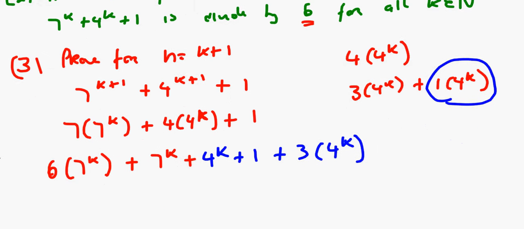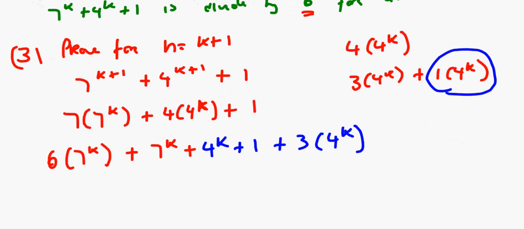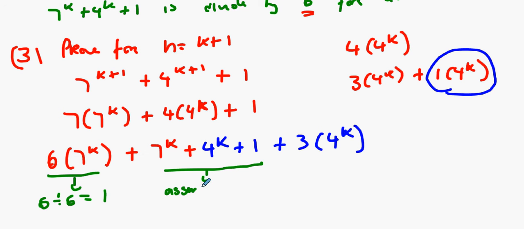Now, what we have here is we have 3 parts are good. Alright? Sorry, 2 parts are currently good. Why is this good? 6 divided by 6 equals 1. Okay? Why is this one good? Assumed true by n equals k.